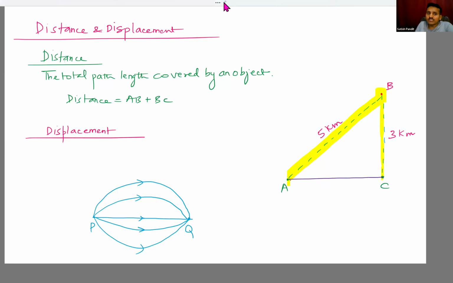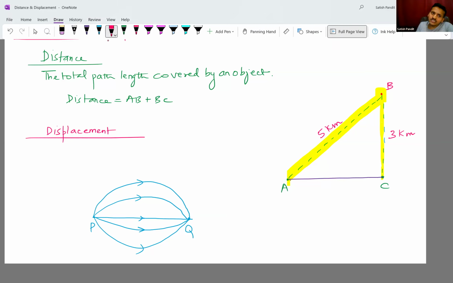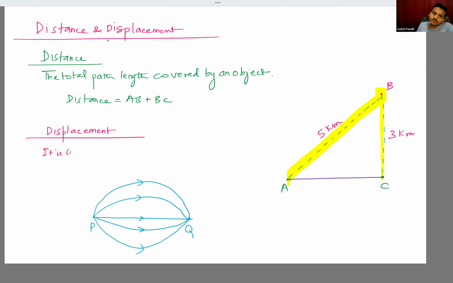So first, let me write what is displacement. It is the shortest distance between the initial point and the final point.